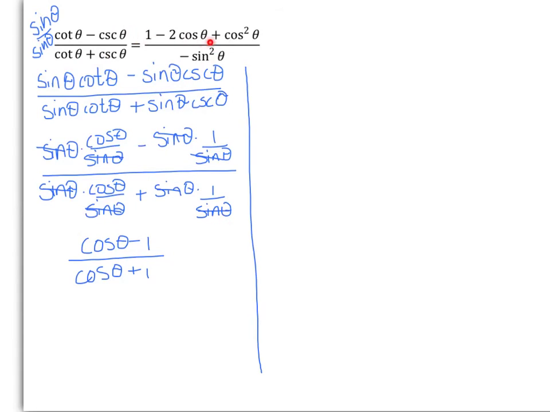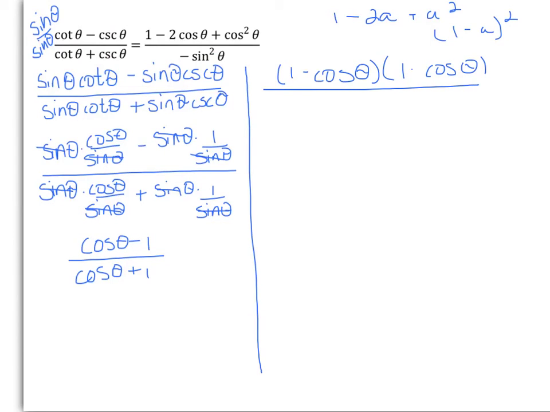What you might notice here is that this looks like a trinomial. So if I let a be equal to the cosine of theta, it's like having 1 minus 2a plus a squared, and that factors to be 1 minus a squared. So when I replace a with cosine, I get 1 minus the cosine of theta times 1 minus the cosine of theta.